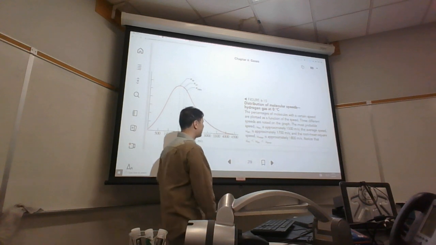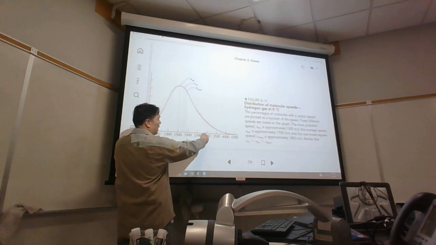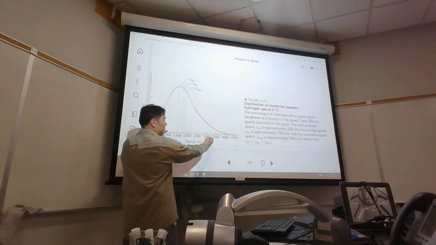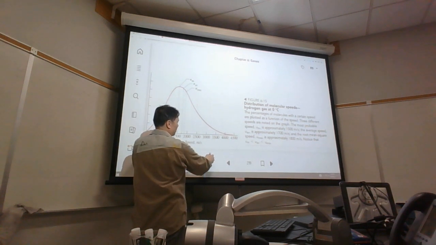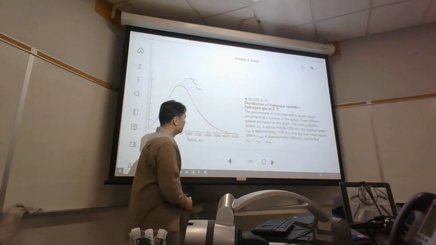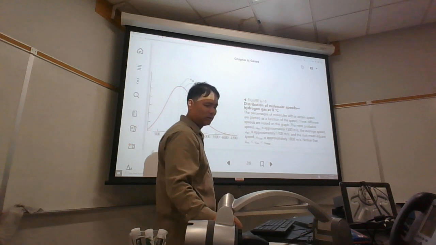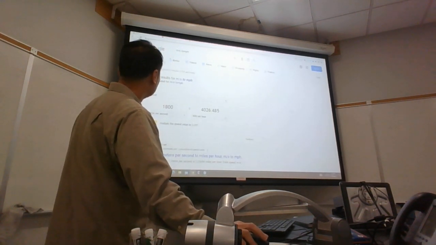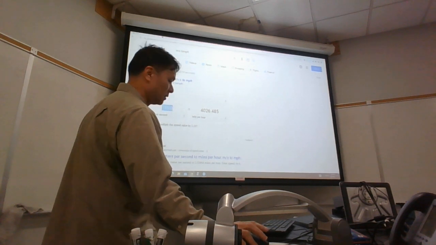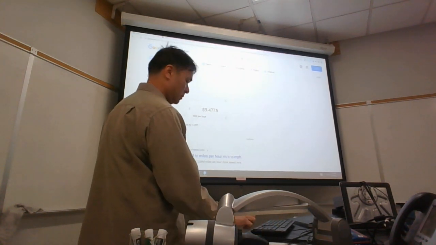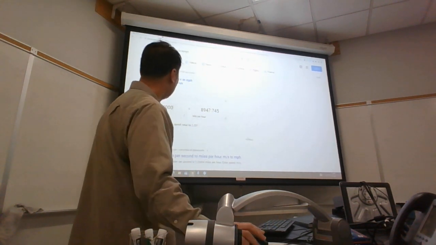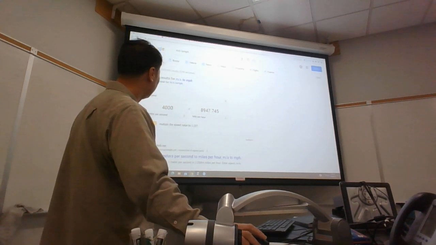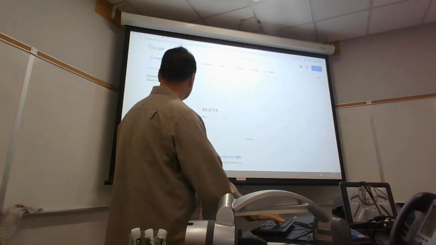We don't have to worry about the math. But let's worry about what the RMS represents. What the RMS represents is we have a distribution of hydrogen. Some are moving slow, some are moving fast. Some are moving at 4,000 meters per second, which would be about 9,000 miles an hour.